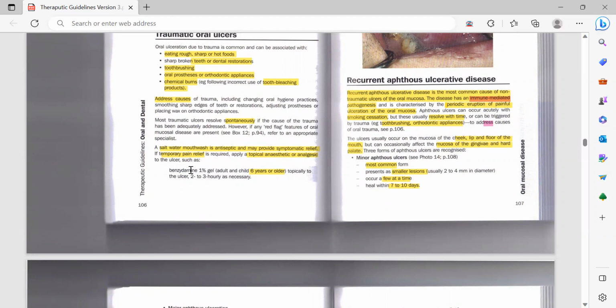It is Benzydamine 1% gel, which, as we read in previous topics, is a type of NSAID. Adults and children 6 years or older can use it, applied topically to the ulcer, 2 to 3 hourly as necessary.